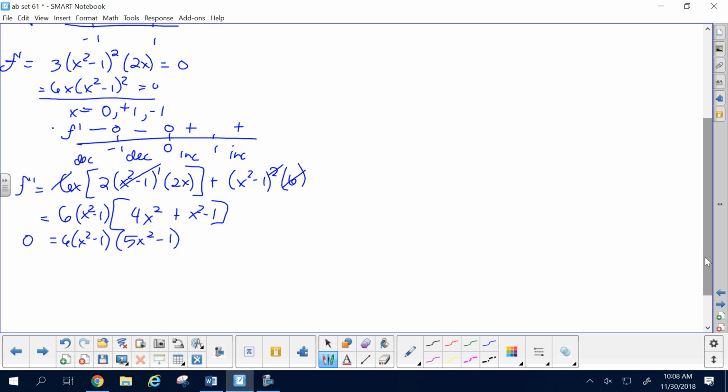All right, this is 0 or undefined at x equal to plus or minus 1, and plus or minus what are the zeros of that? I guess we'll show it. 5x squared minus 1 equals 0. So x squared equals 1 over 5. So x is plus or minus the square root of 1/5. Yeah? Are you with me?